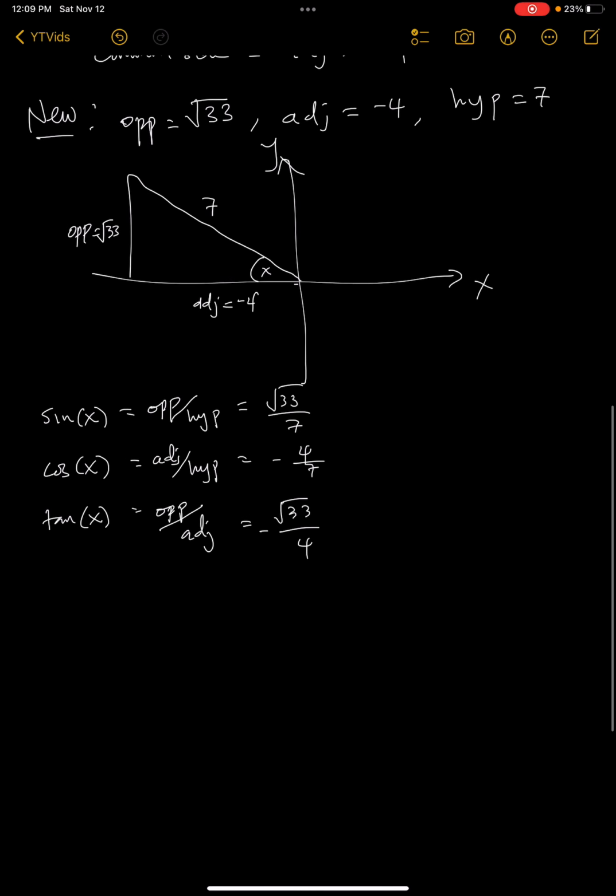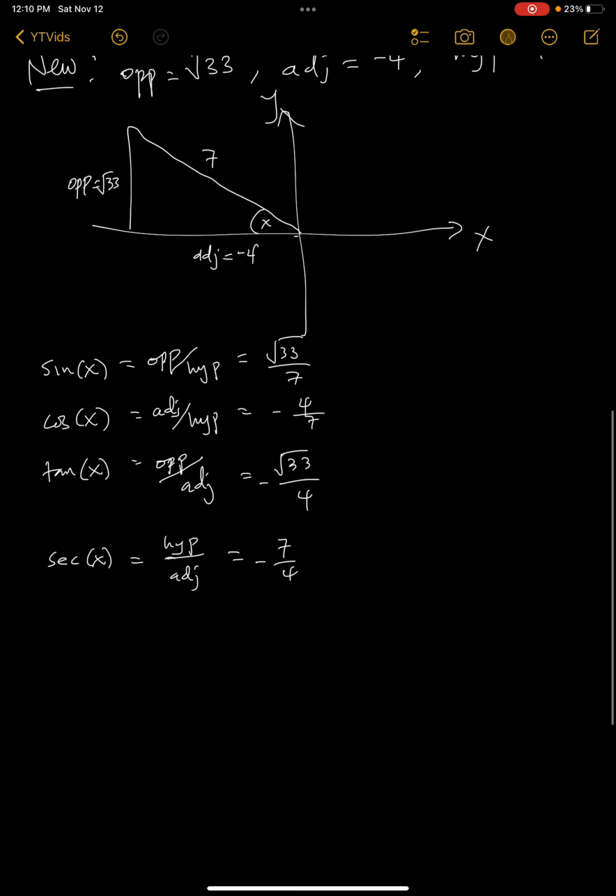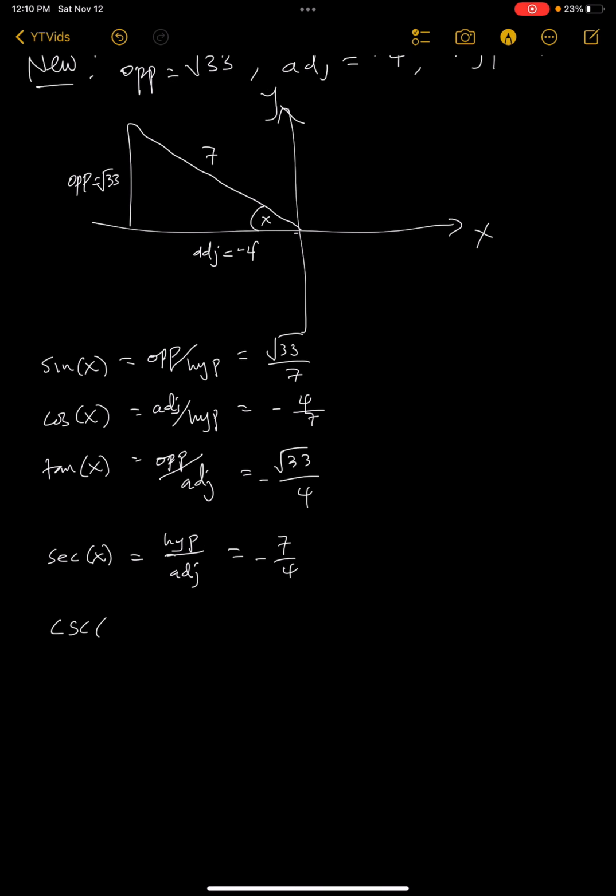Now let's see the other three. We already know from the question that secant of x is negative: secant is hypotenuse over adjacent, which is 7 over negative 4. The other one is cosecant, which is hypotenuse over opposite, 7 over square root of 33.